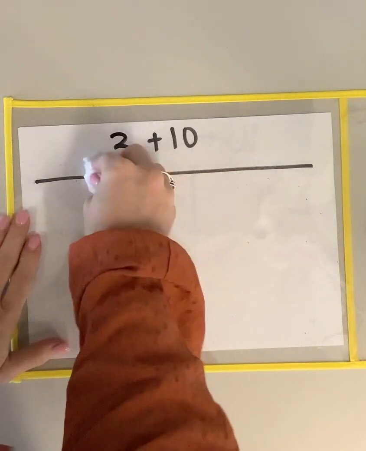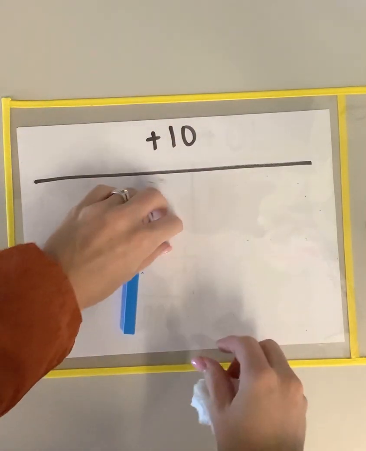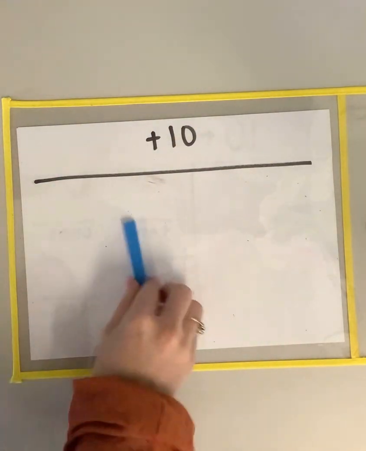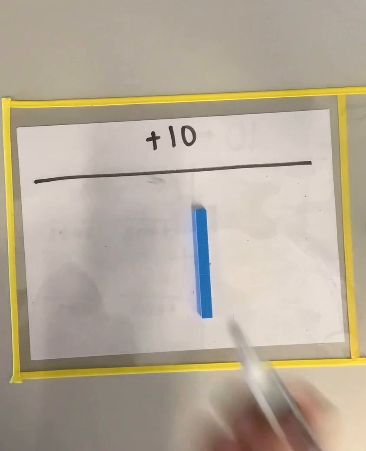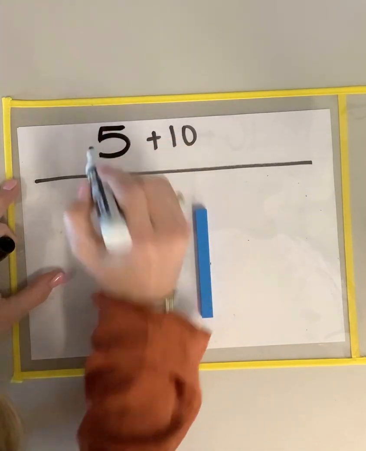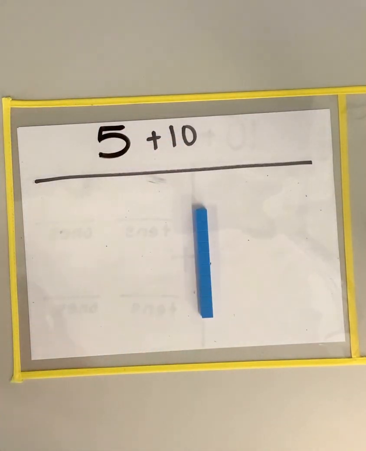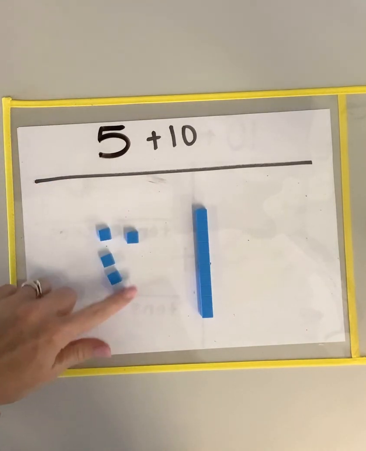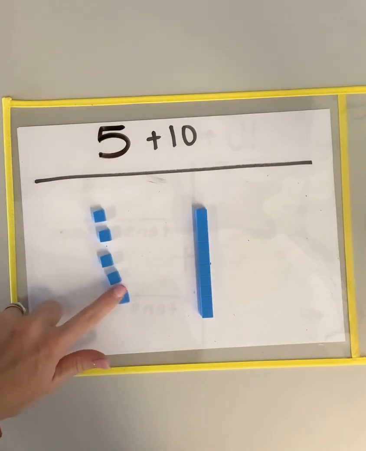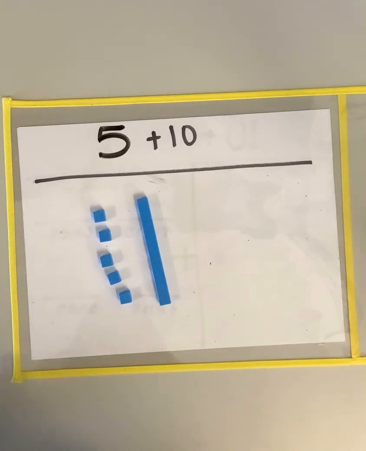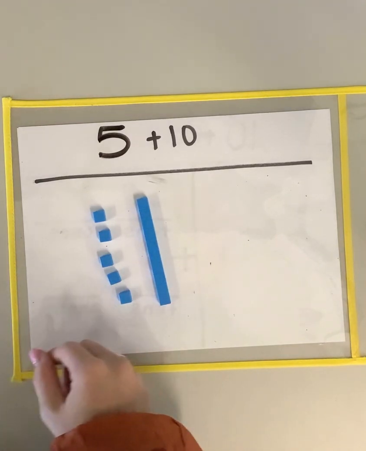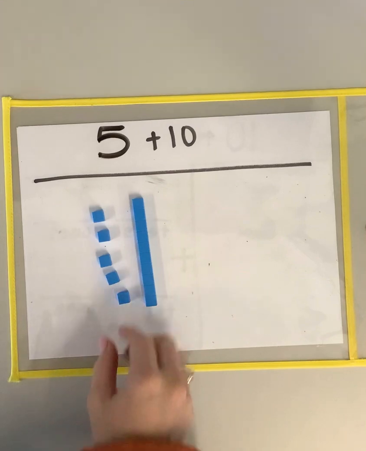Let's look at another one. Okay. This time, what if I have 5 plus 10? 5, 1, 2, 3, 4, 5 plus 10 is 15. Just like 10 plus 5 was 15.